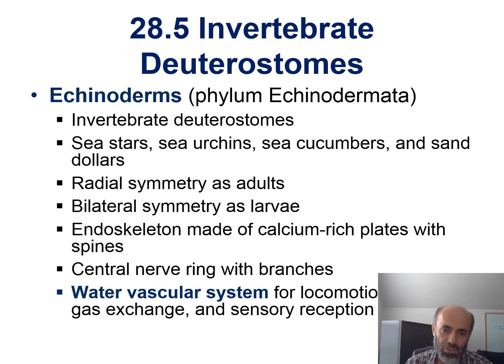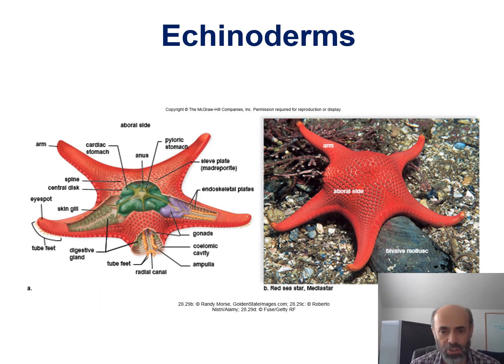So the water vascular system is internally connected. The top part of their body, the dorsal side, has an opening which is called the anus. This is where the refuse of the digestive system comes out. Internally, they have a pretty nice stomach.